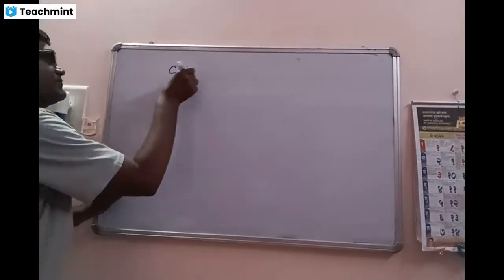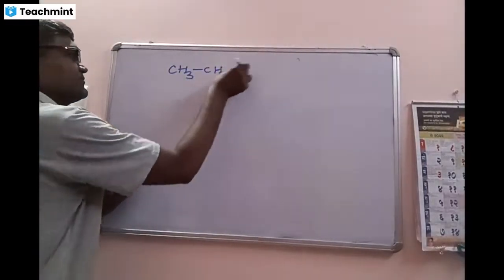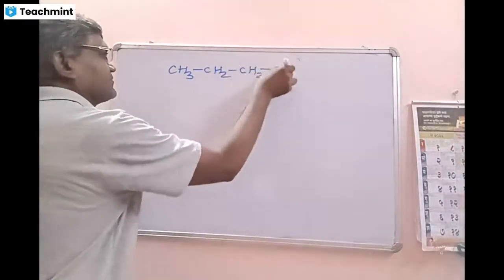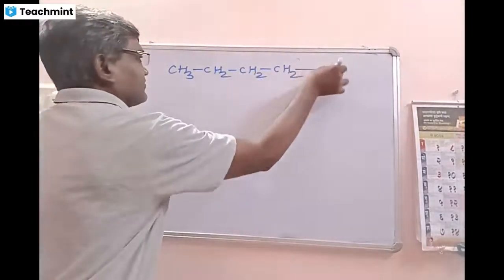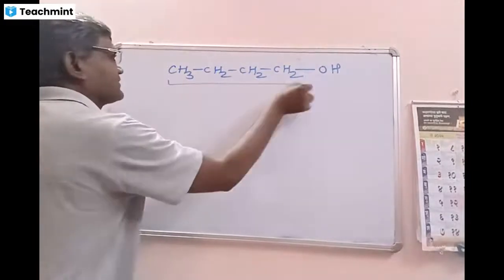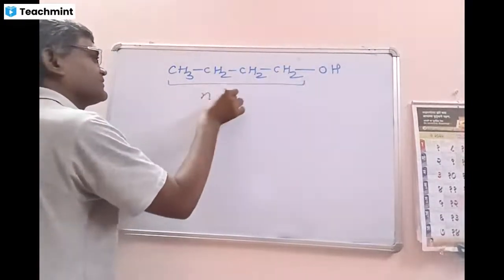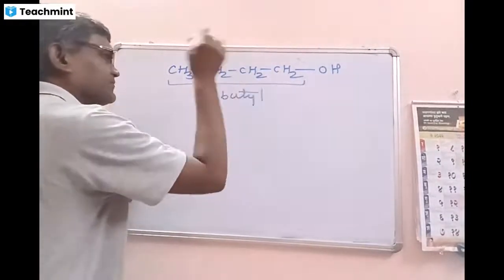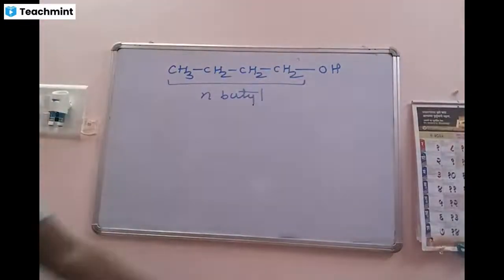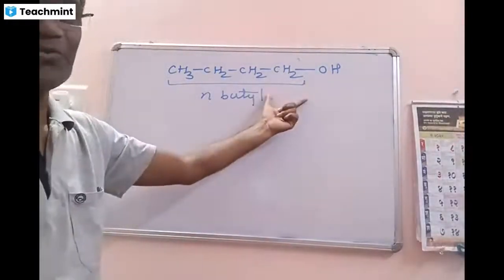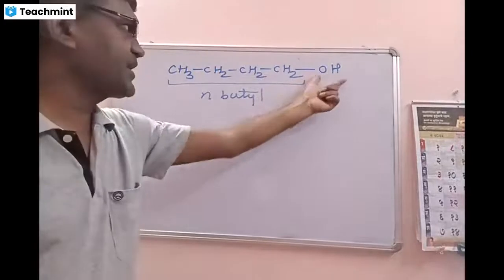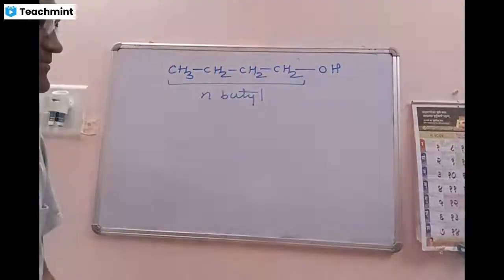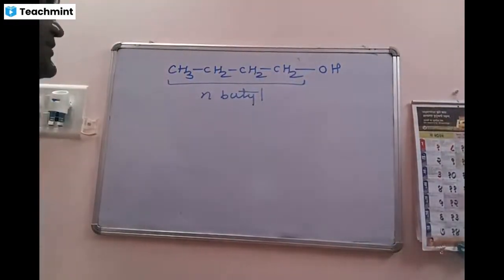this one. This is N-butyl. And then there is a functional group as OH, so you can write alcohol. If here it is Br, then you can write bromide.